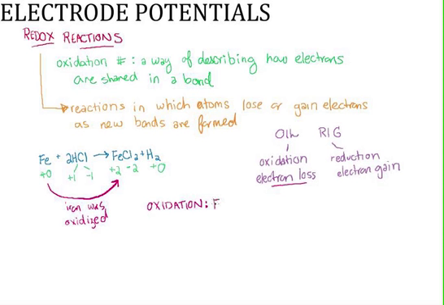I started off with straight up iron, and after that reacted, I got iron with a +2 charge and a couple of electrons floating free, right? And again, this is what's called a half reaction.